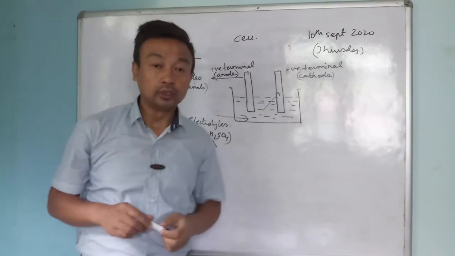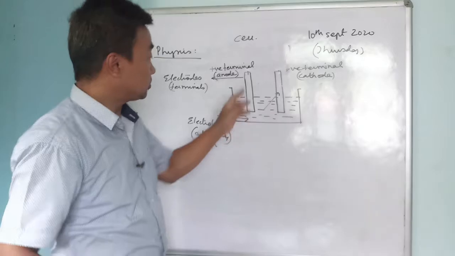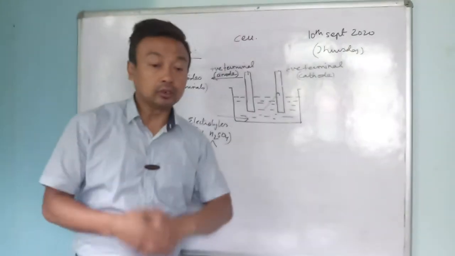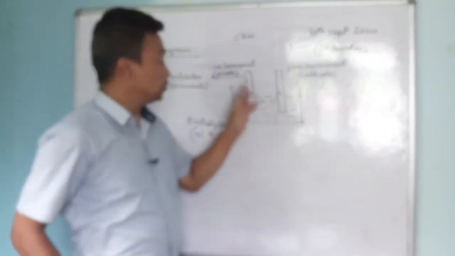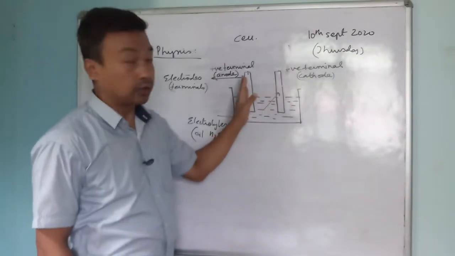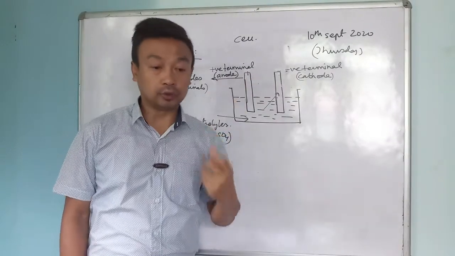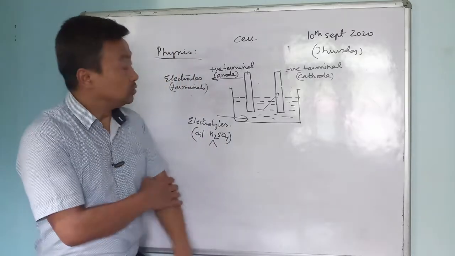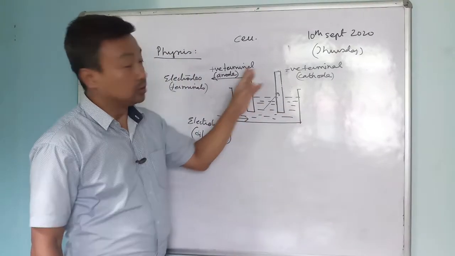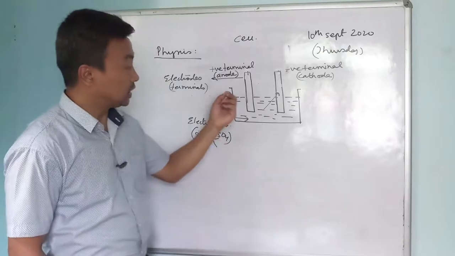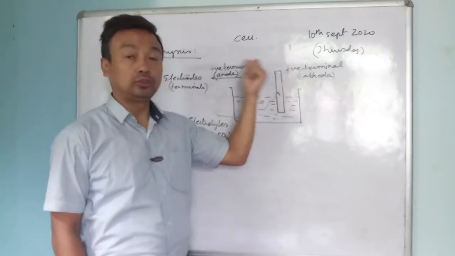Now what happens is that in a cell, these two conductors or electrodes maintain a difference of potential. That means there will be a difference of electrons in this. Due to the chemical reaction there will be a continuous flow of electrons or charge from one electrode to another.